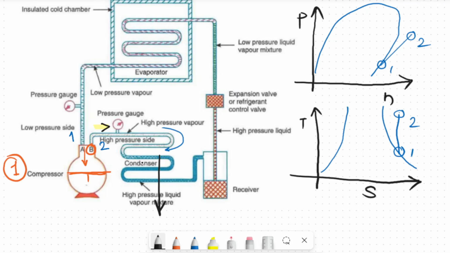The refrigerant will give away its latent heat to any cooling medium that is being used. So after the process of condensation, it will be high pressure liquid vapor mixture. So that process can be shown on the TS diagram like this.